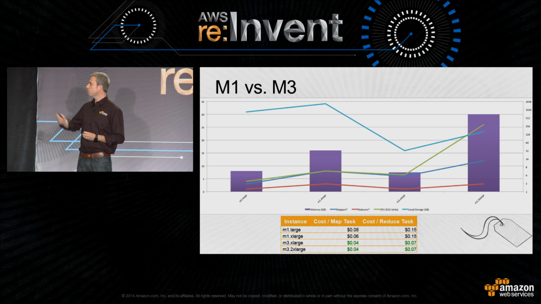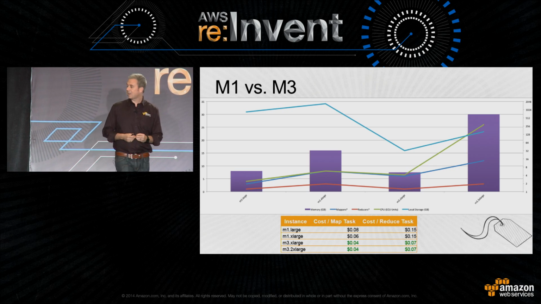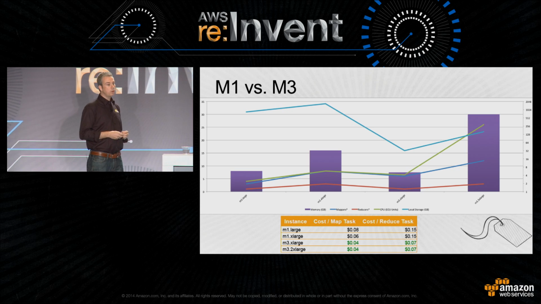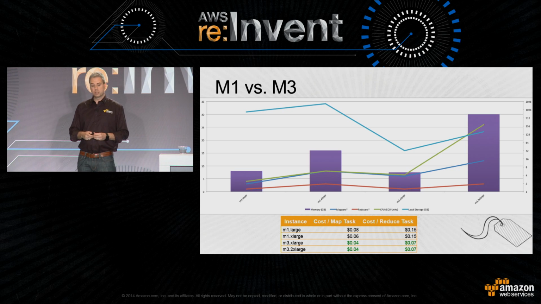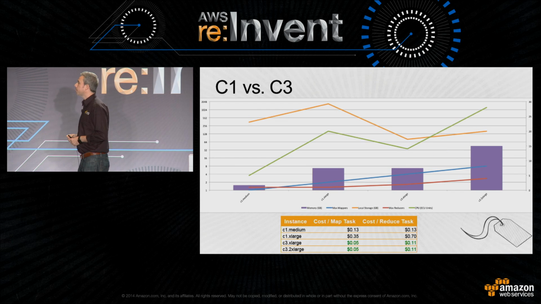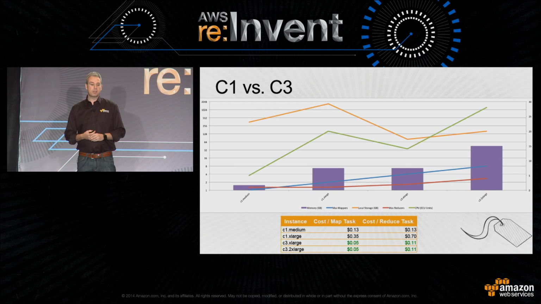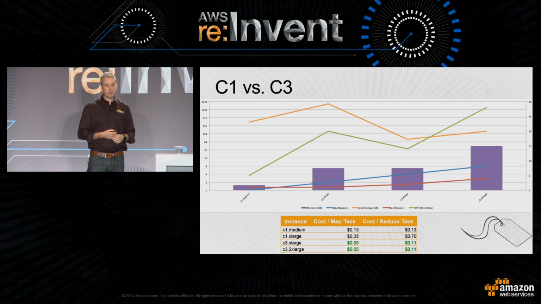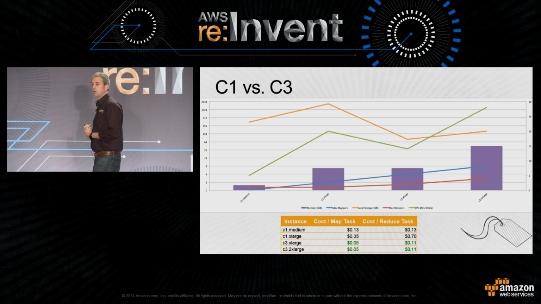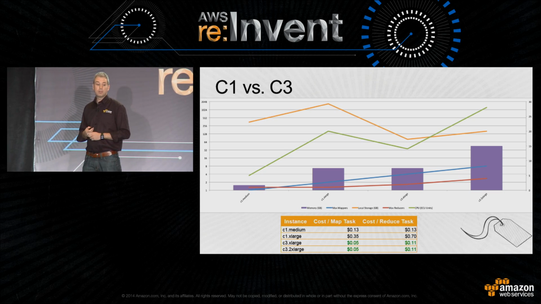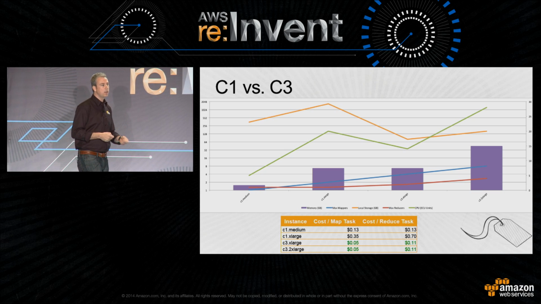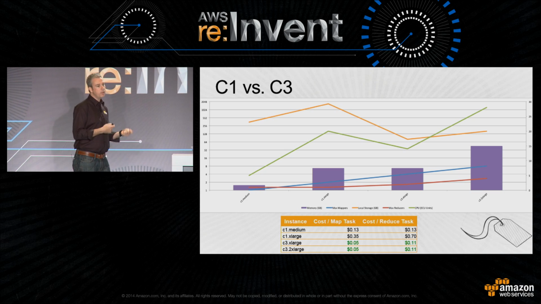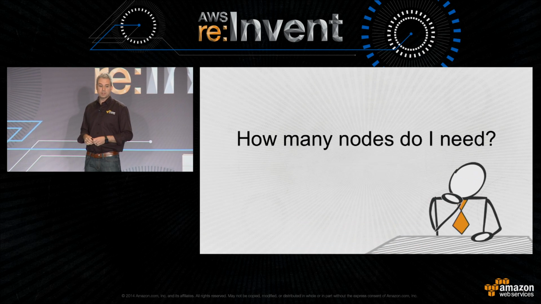For example, here, the cost on an M3 extra large is half of what you're getting on an M1 large, similarly sized instances, but it's even more pronounced on the C3. For the right instance type, we're getting 7x cheaper performance per task. So we highly, highly encourage you to migrate your M1 and C1 workloads over to M3 and C3.